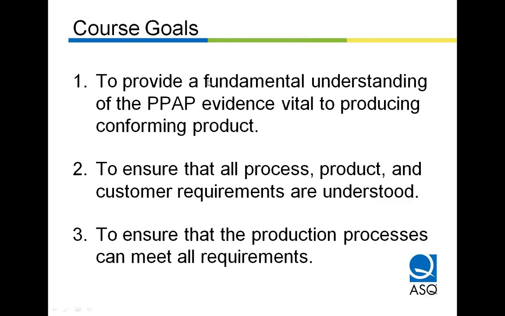The course goals are to provide a fundamental understanding of the evidence that's required to produce conforming requirements, to minimize the risk. And what that involves is understanding all of the customer's requirements and then making sure that the production processes are capable. That, after all, is the purpose of the production part approval process, or PPAP.